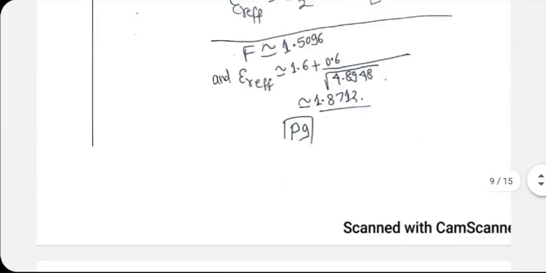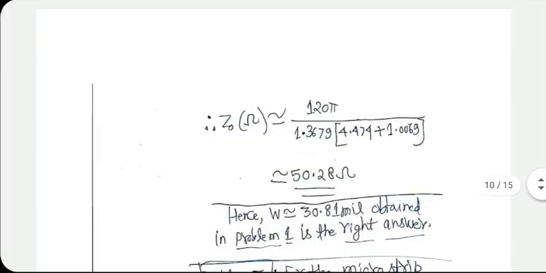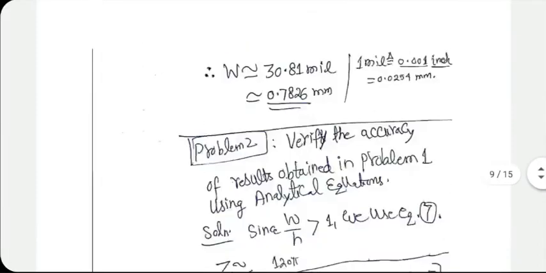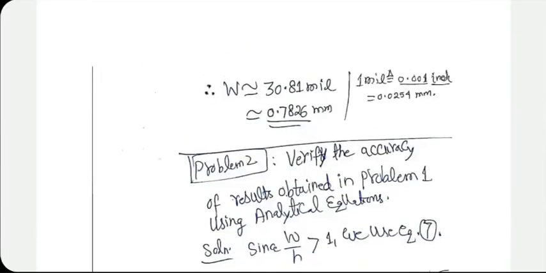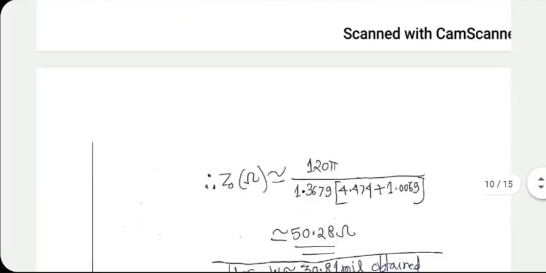And plugging in all the values, I indeed find that Z naught is quite close to what I wanted. It is not exactly 50 ohm. Fair enough. This is reality. All equations are accurate to within a few percent anyway. So the value of W equal to 30.81 mil is indeed going to give you Z naught equal to almost 50. That's correct.